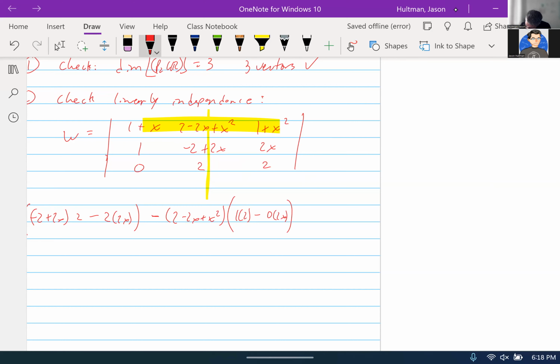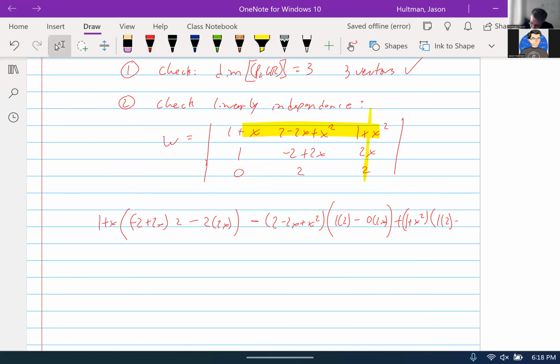Okay, and then the last one is 1 plus x squared, that's a positive, times, cross off the last column, I get 1 times 2 minus 0 times negative 2, that's just going to go to 0.